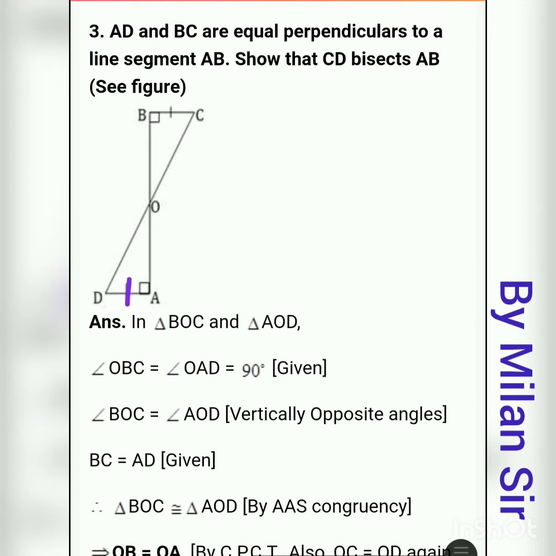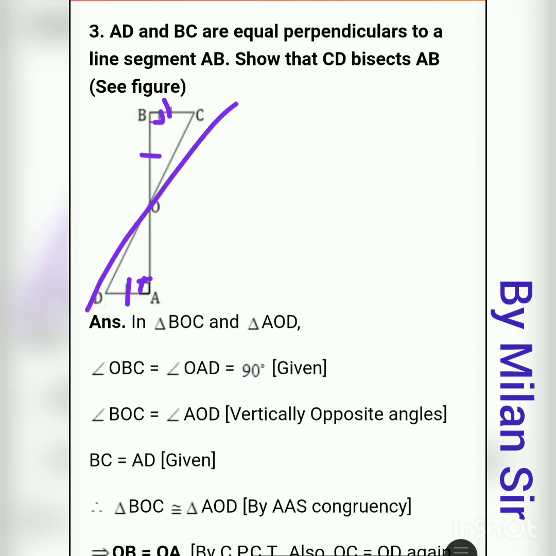That means AD and BC are both equal and both are perpendiculars. That means it makes a 90-degree angle. So AD and BC both are equal and make a 90-degree angle with angle A and angle B. Show that CD bisects AB.